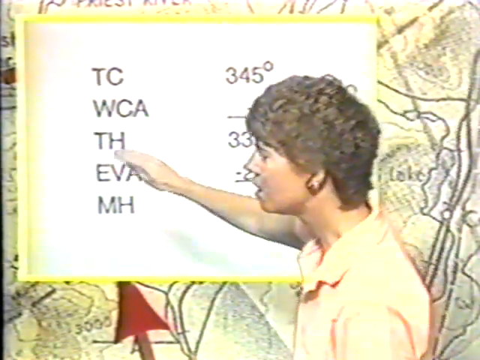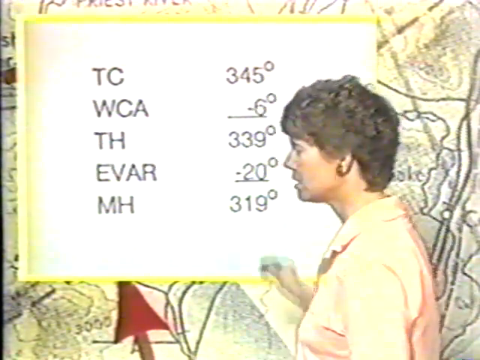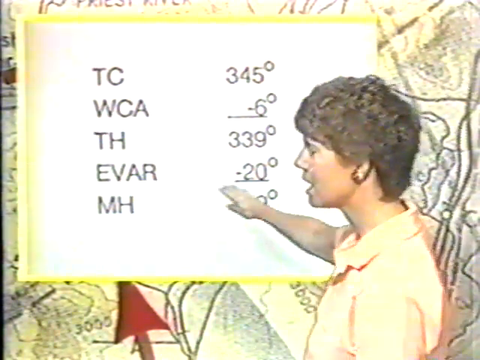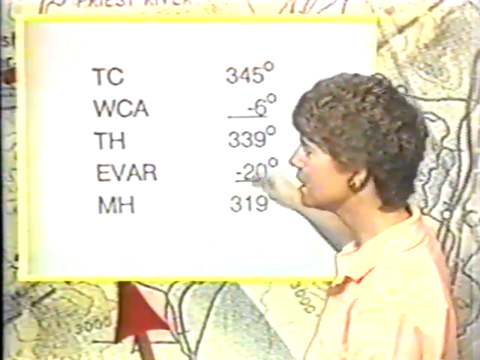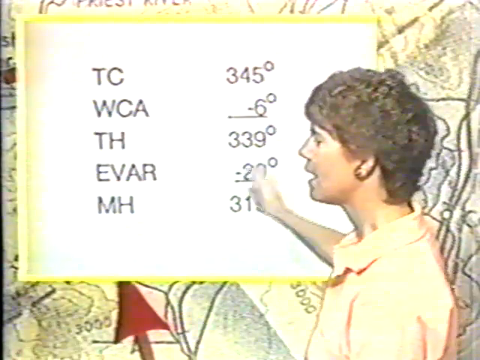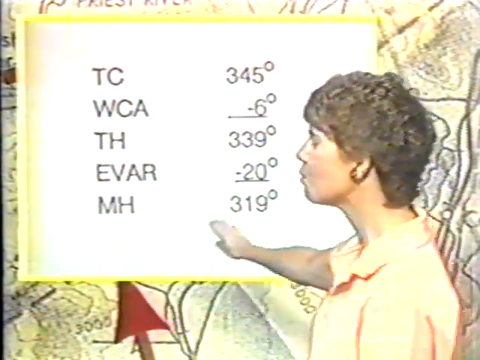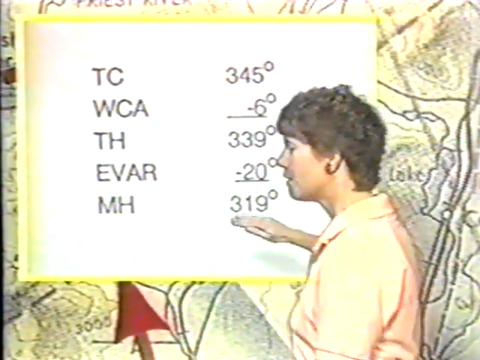That's the way the nose of the airplane will be pointed relative to true north. We then looked at the isogonic line on the sectional chart, the red dashed isogonic line, for our magnetic variation, and we got an easterly variation of 20 degrees. East is least, so we subtract that, and that gives us a magnetic heading, the way the nose of the airplane is pointed relative to magnetic north, of 319 degrees.